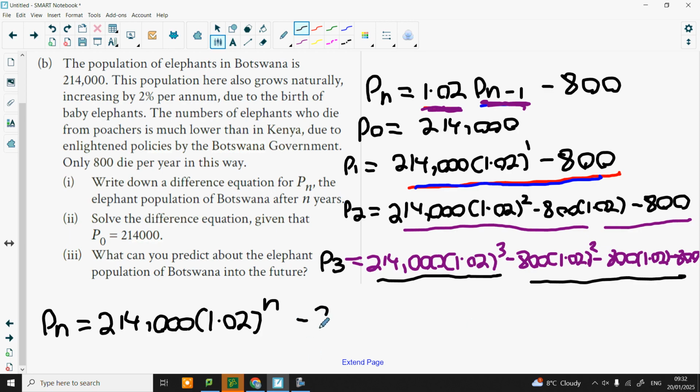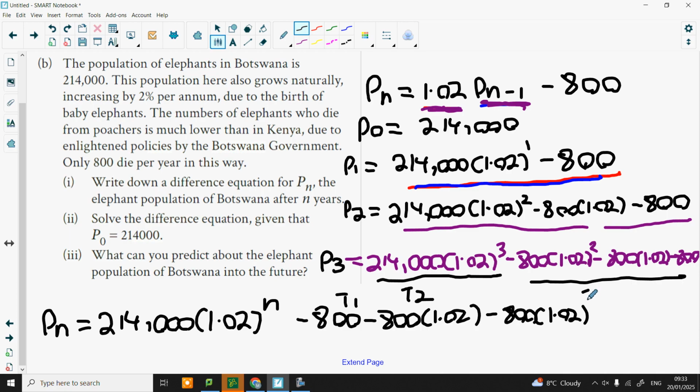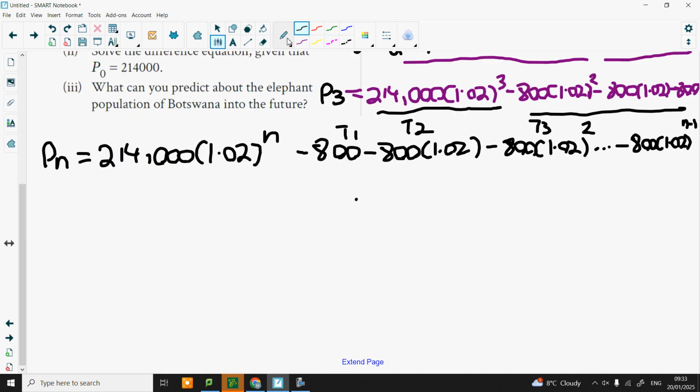The next thing you're going to do is your geometric sequence, which is going to be minus 800 for me, minus 800 times 1.02. That's your T1, that's your T2, minus 800 by 1.02 to the power of 2, that's your T3, and dot dot dot, minus 800, 1.02 to the power of n minus 1.